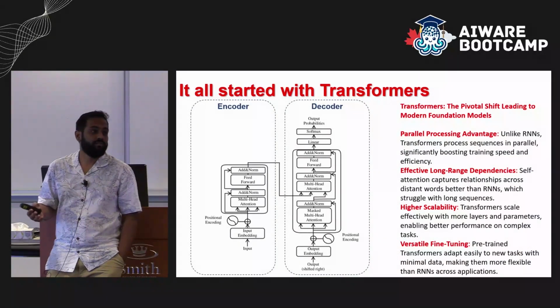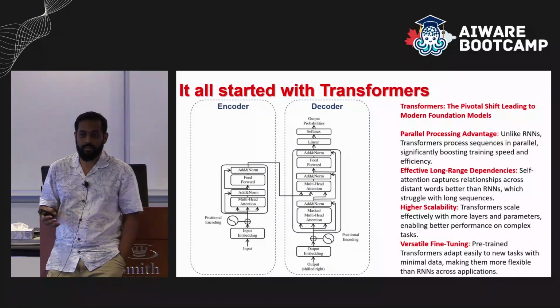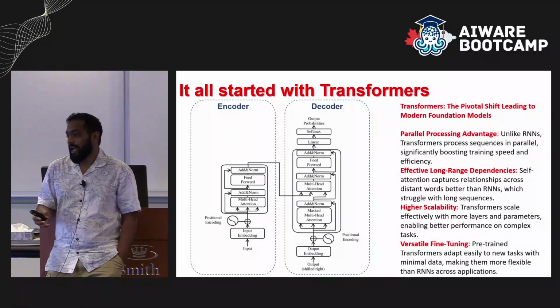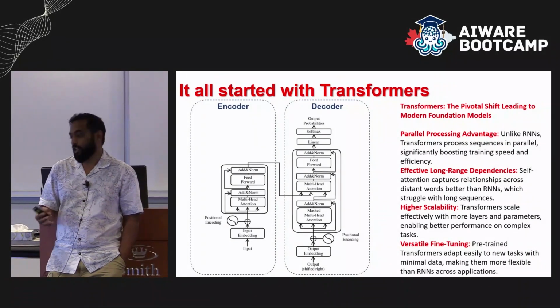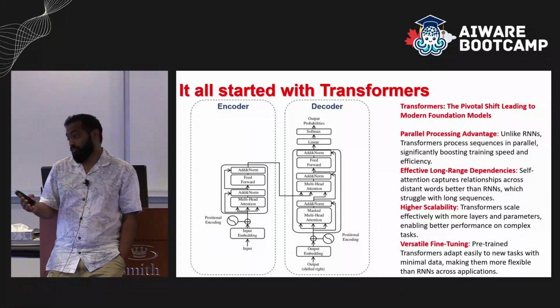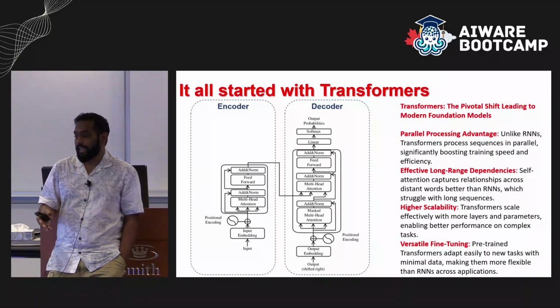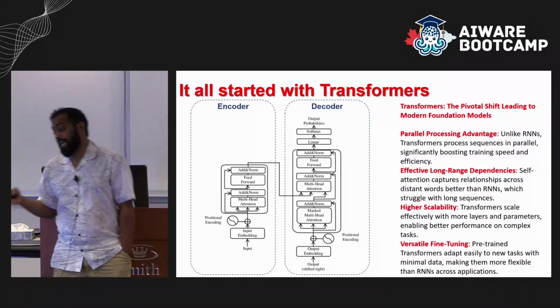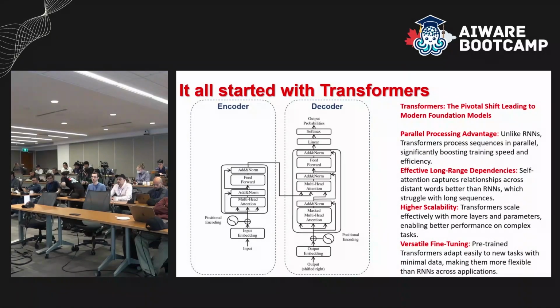Like it wasn't very easy to parallel process using an RNN, and long-range dependencies used to get lost. And so with the introduction of transformers, it has an encoding and decoding structure, and self-attention. I'll go into each of the steps in the following slides.